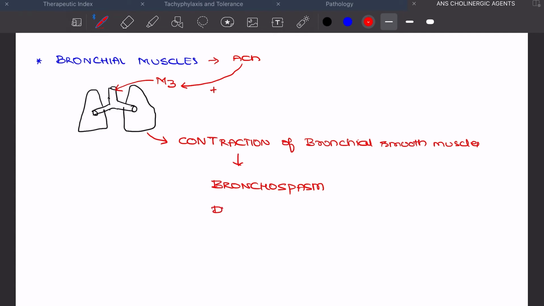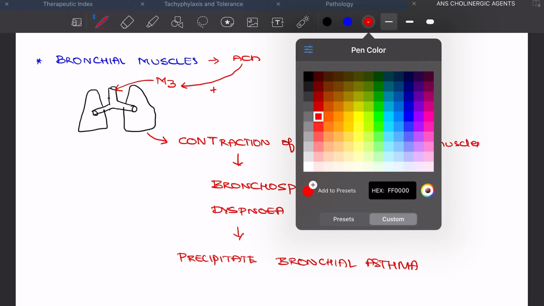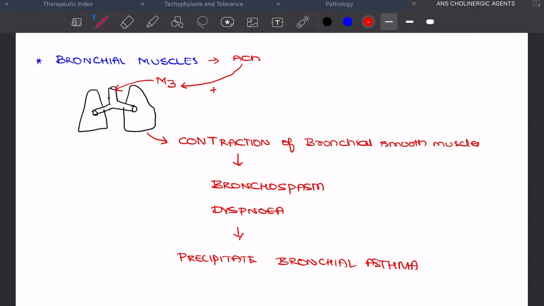There can be dyspnea, difficulty in breathing. At times it is going to precipitate bronchial asthma in sensitive individuals.